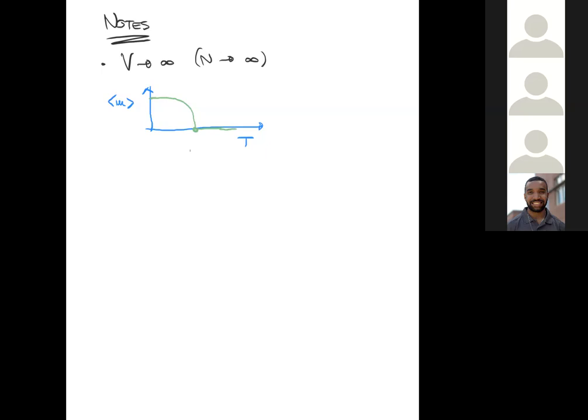But the partition function Z is a sum over all possible states. So if you have a finite number of states, this sum is just a sum of a finite number of exponentials. And if you now compute the average magnetization by, say, taking a derivative with respect to an external field, if you take a derivative of a bunch of exponentials, it's still a bunch of exponentials.